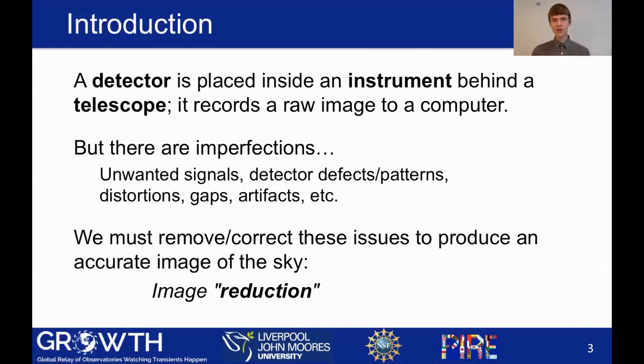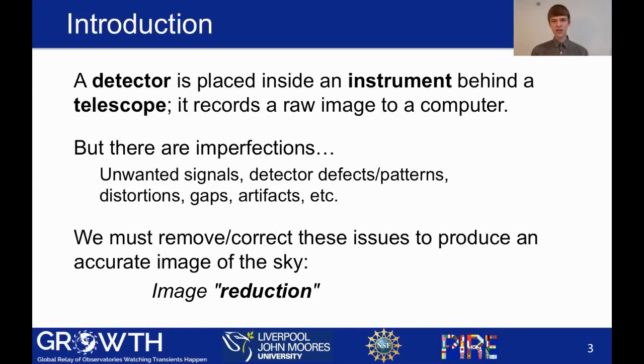An optical imager is constructed in the following way. A detector, which records the image, is placed inside an instrument behind a telescope which collects the light. This records the raw image to a computer where it is stored for later processing. While this raw image can often be viewed directly, and this is useful for some purposes, there are always imperfections in practice.